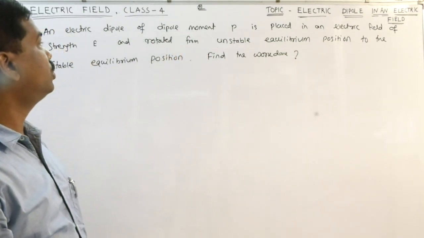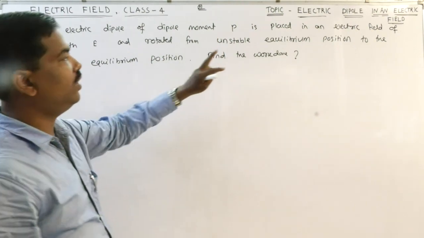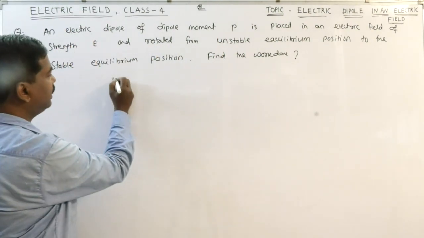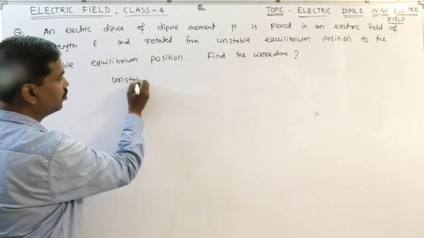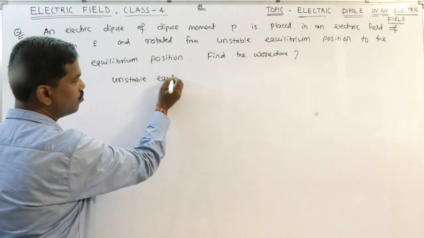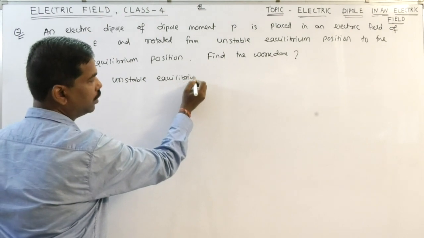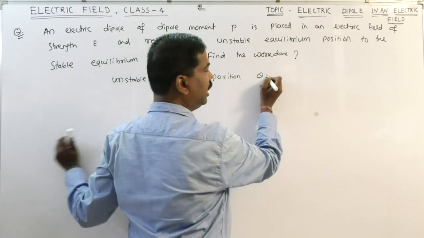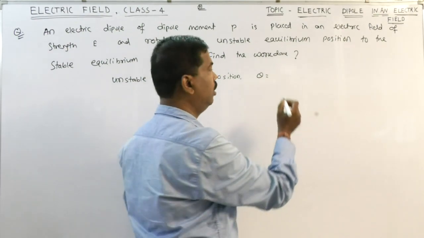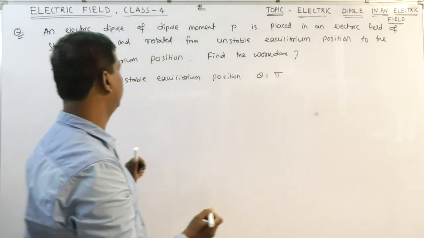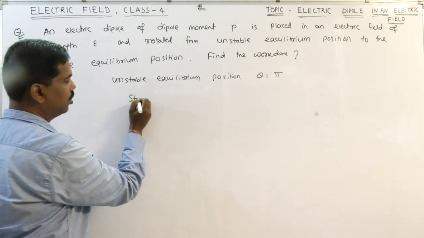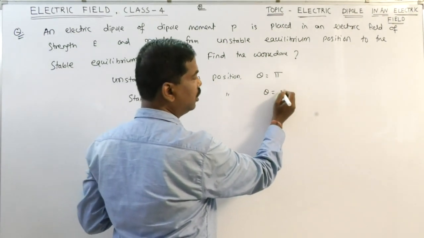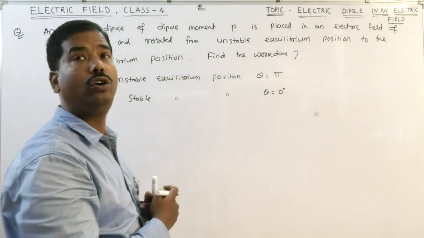Listen to me. What is the question given? Dipole moment P is given, electric field E is given. Rotated from unstable equilibrium position, which means theta is equal to pi, to the stable equilibrium position, theta is equal to 0 degree.